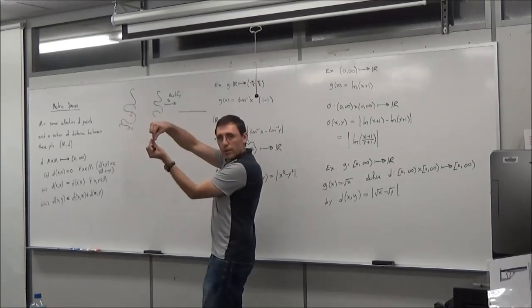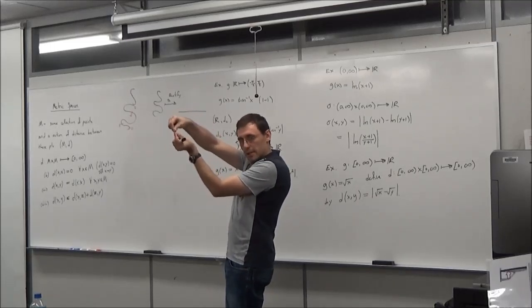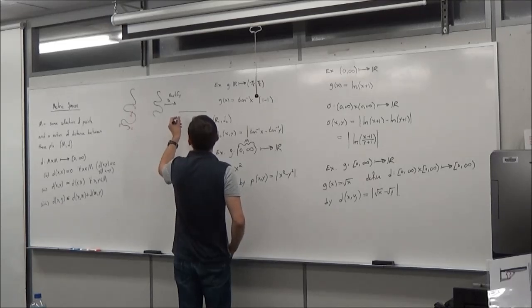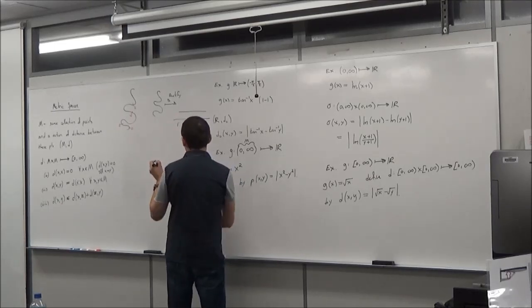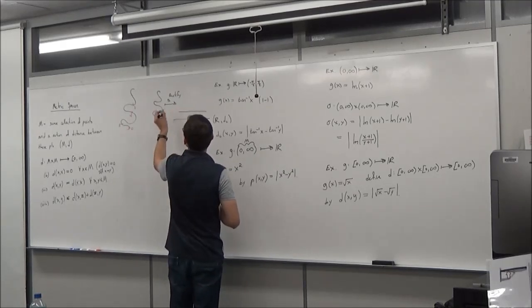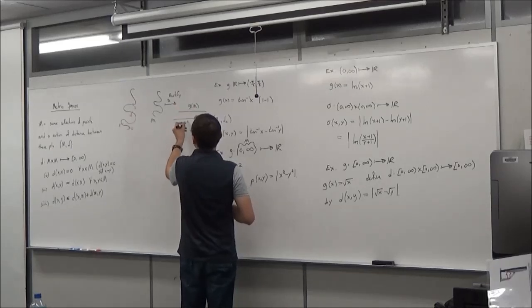It cannot take 2 points and glue them, otherwise the distance between 2 points that are distinct is 0. And measure it against the rectified one, and then measure against R. So this is M, this is G of M, and this is R.